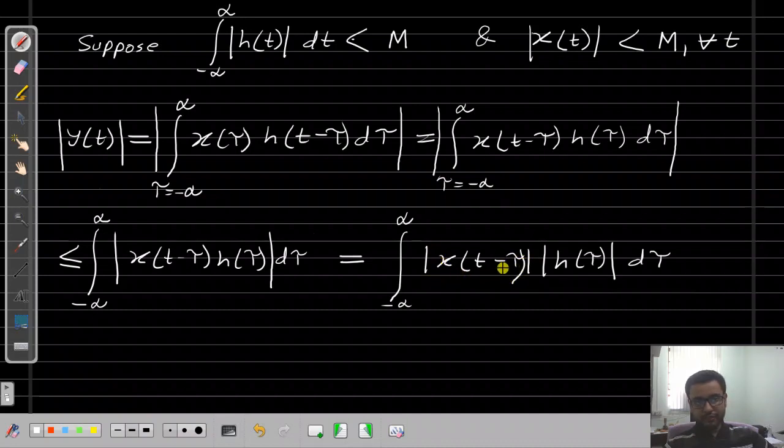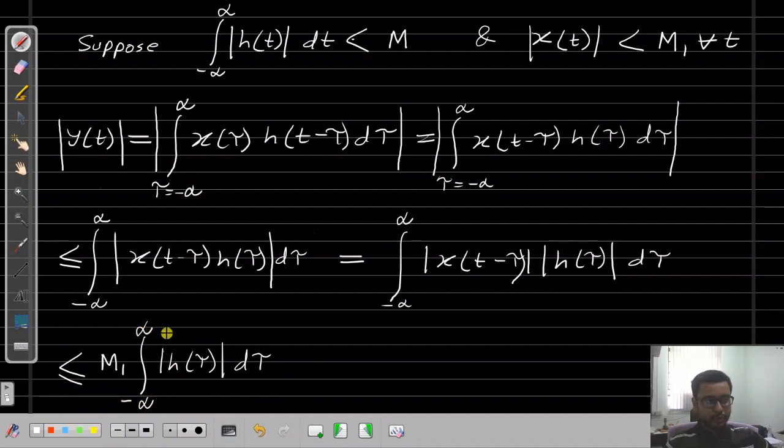Now we know that the value of x is always less than M1. Therefore I can write this as less than M1 times the integral of mod h(tau) d tau from minus infinity to plus infinity. This value is always less than M1, so you can take it outside and write it as less than this term.